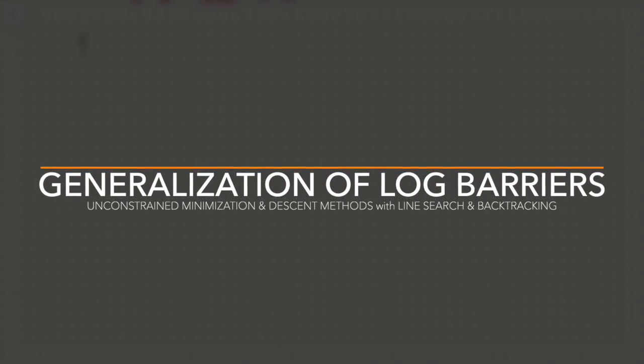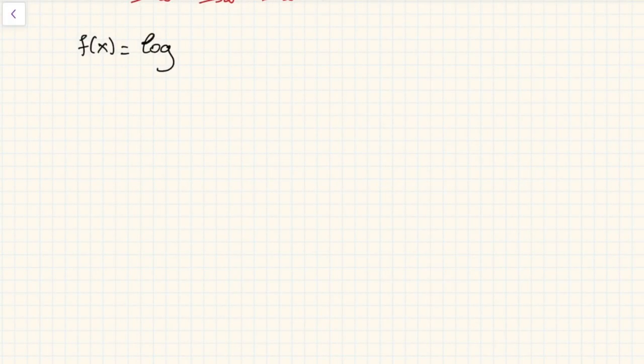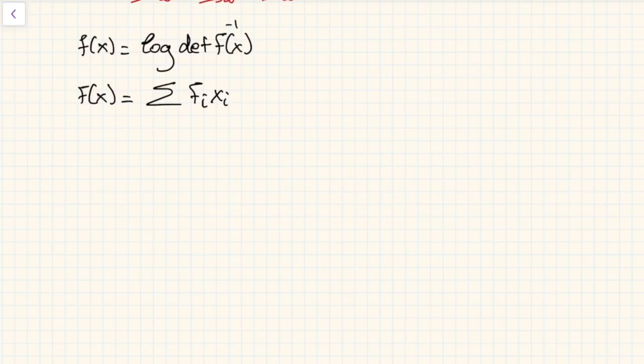So instead of defining my f of x to be log of linear terms, you can have a log det of F of x inverse, where your uppercase F of x is the sum of Fi xi, where the Fi's are matrices. Actually, this is going from 1 till n, and you've got an F0 term multiplied by 1.